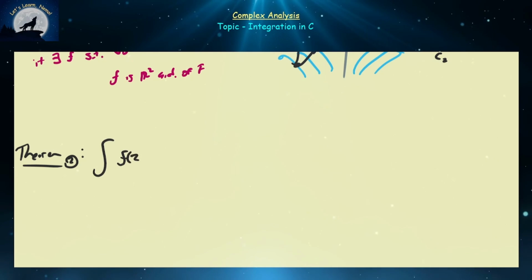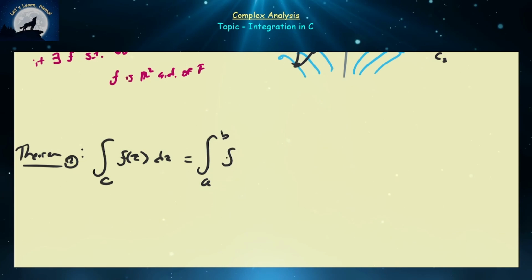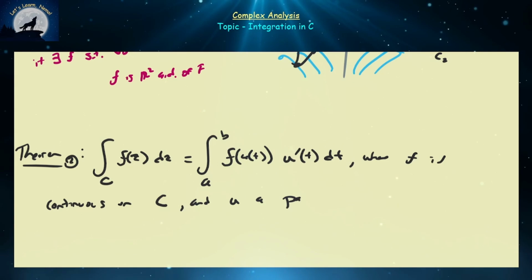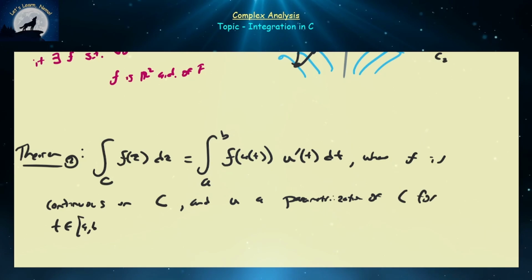If we want to integrate a function f that maps C to C along some path C, then this will be equal to the integral from a to b of f of u of t times u prime of t dt, where f is continuous on that path C, and u a reasonable parametrization of C for t belonging to a to b, and also C should be smooth.